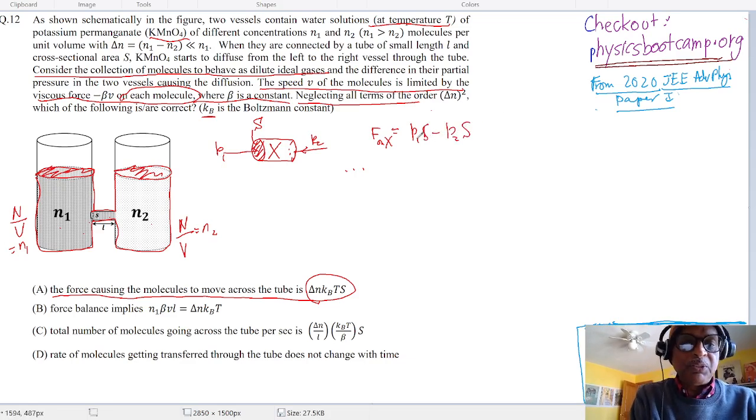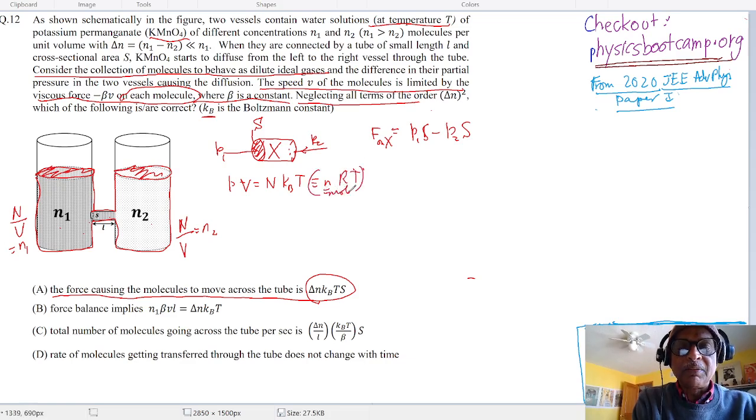P1 and P2 are partial pressures, but here I'm just supposed to think of them as ideal gases. So PV equals number of molecules times kBT. This is the same thing as nRT, where n is in moles, and we're going to use the number of molecules.